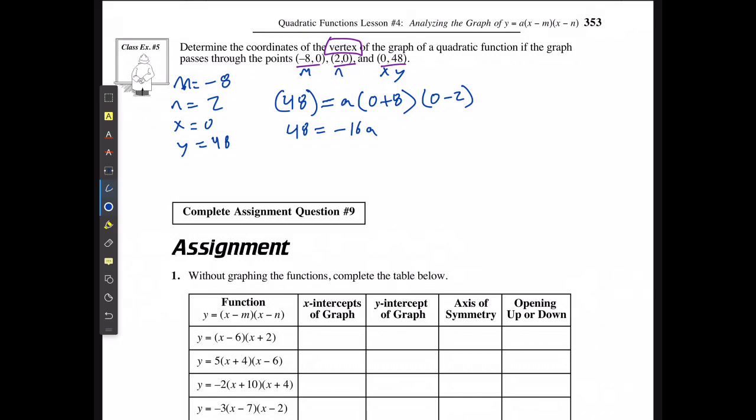When I divide both sides by -16, then -3 is equal to a.